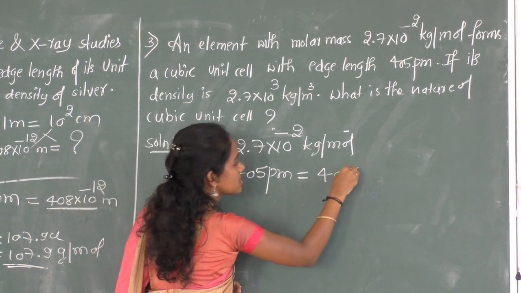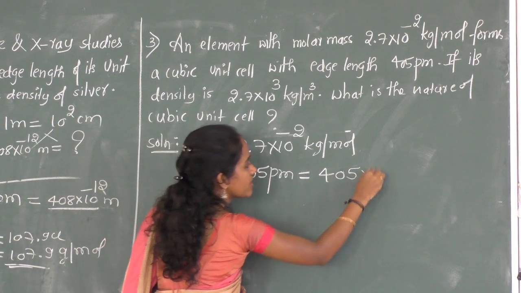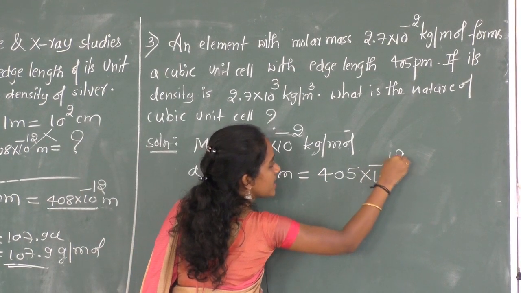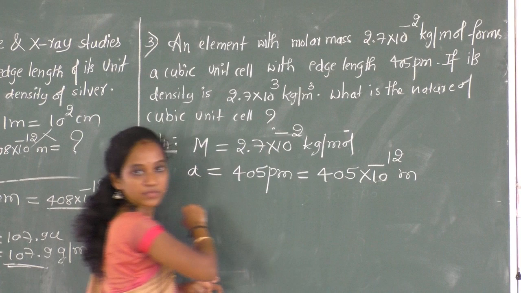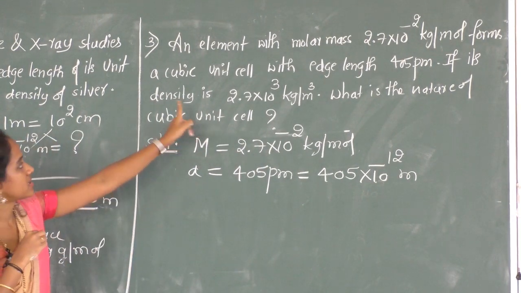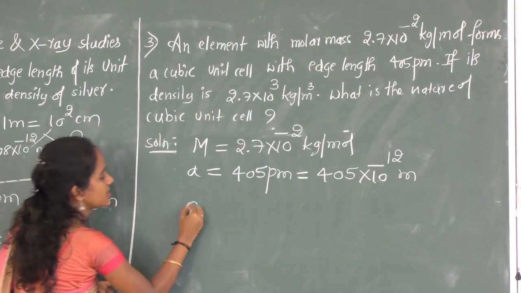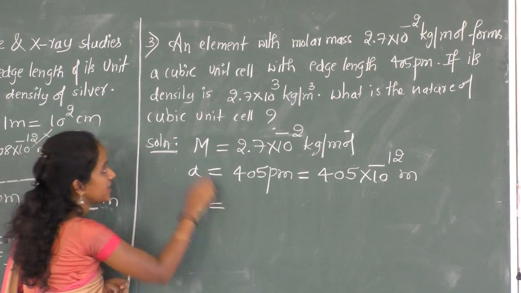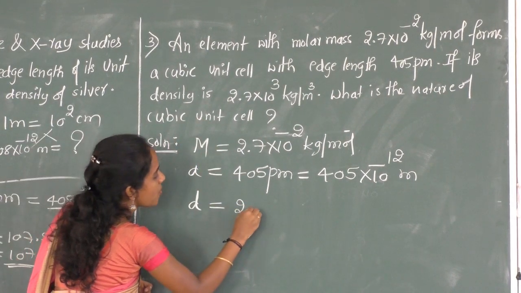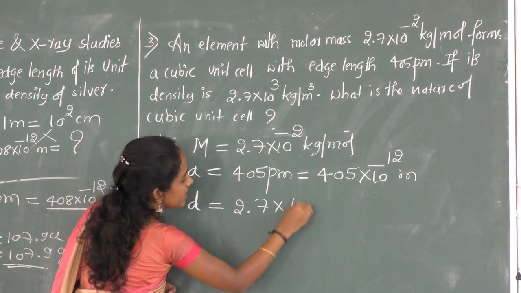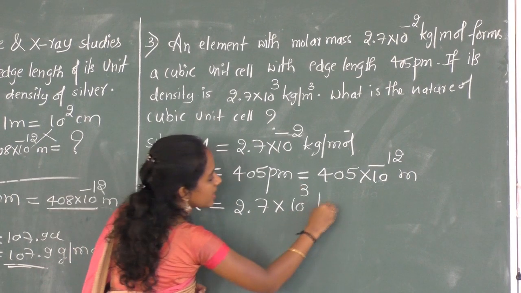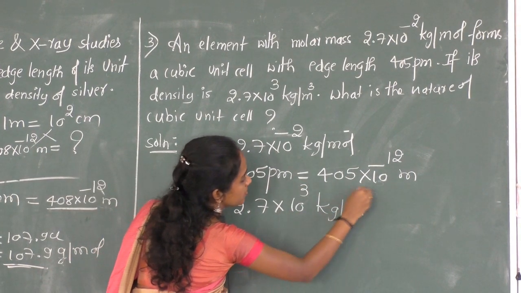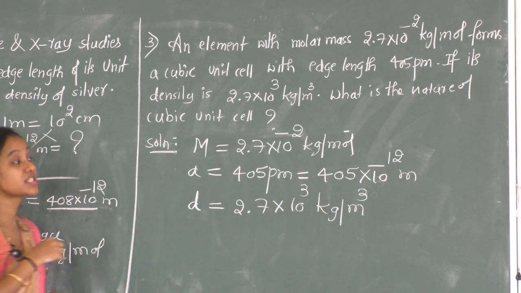So I'll write like this, 405 into 10 to the power minus 12 meters. Next, if the density is d, which is equal to 2.7 into 10 to the power 3 kg per meter cube.